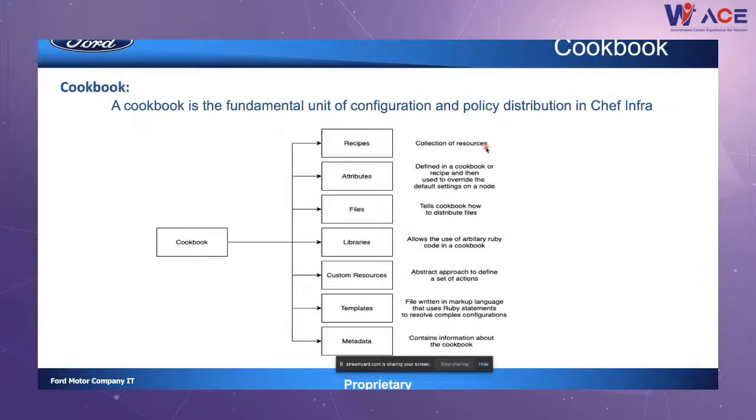In a recipe, you will say whatever configurations you want to make in depth. You can imagine these to be different layers. All these you see over here come under a cookbook. You can imagine a cookbook to be the topmost folder.